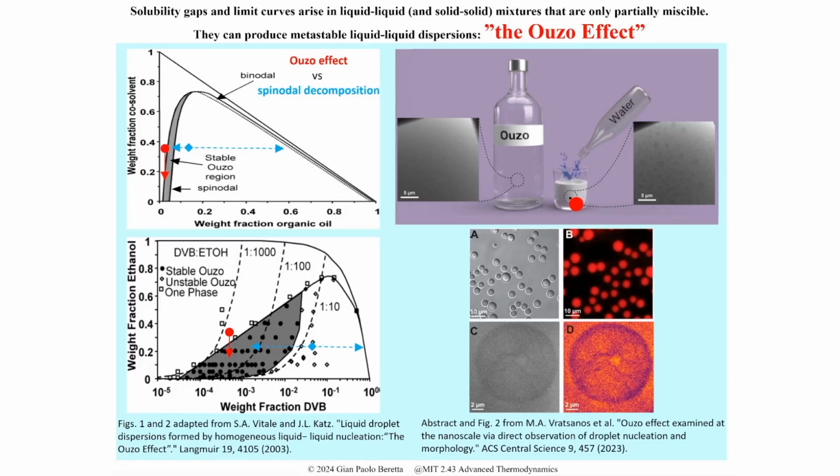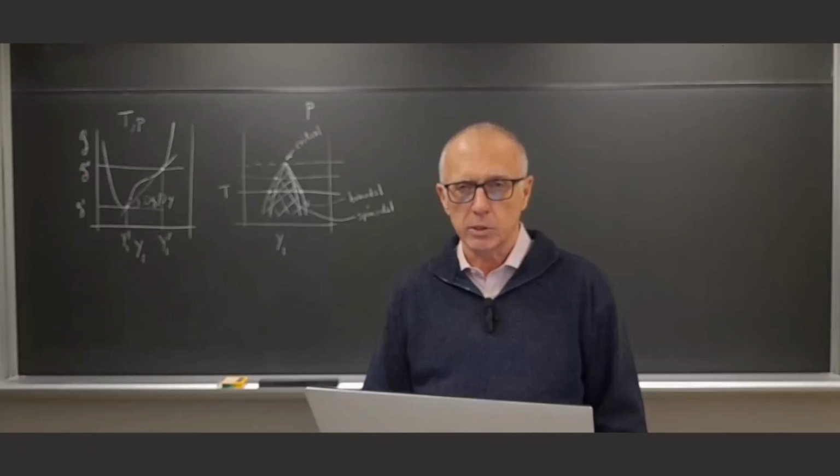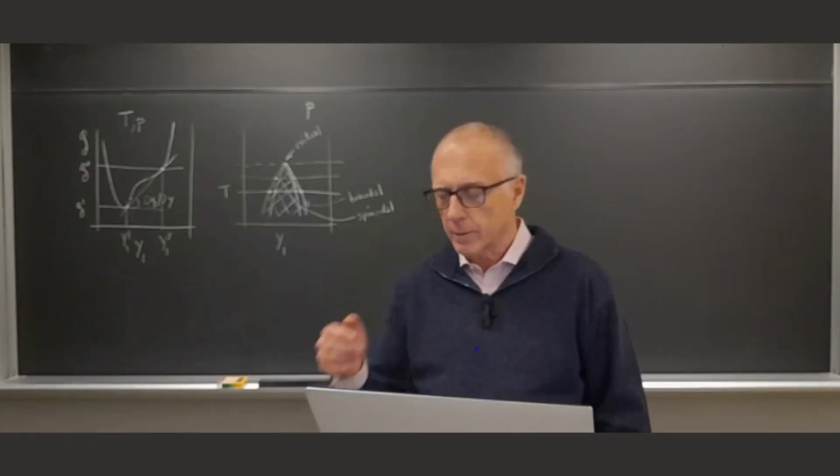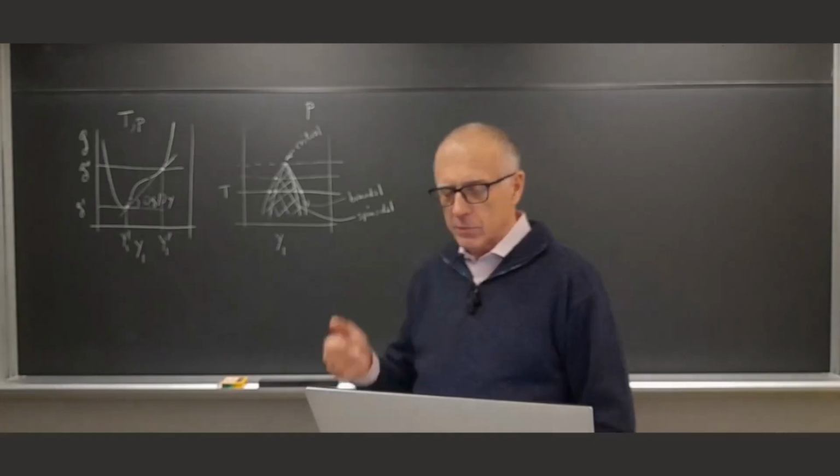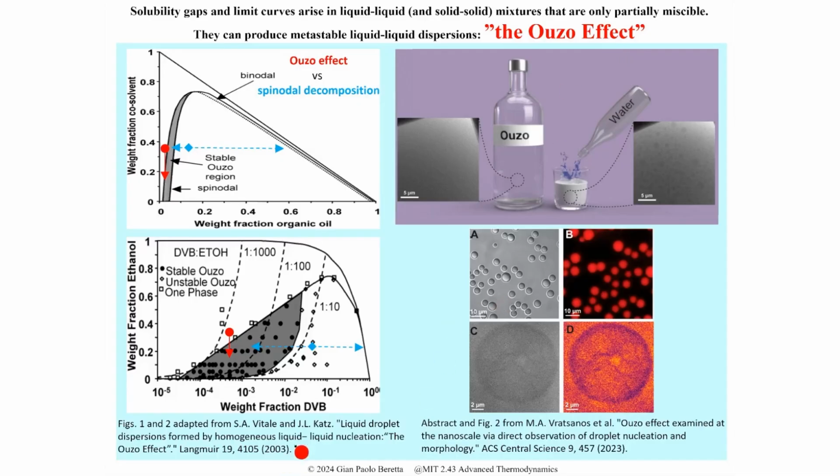That's always a mysterious effect if you see it the first time. It turns out that this effect has been named the Ouzo effect only relatively recently, maybe 20 years ago, when some real scientist visited the Mediterranean.